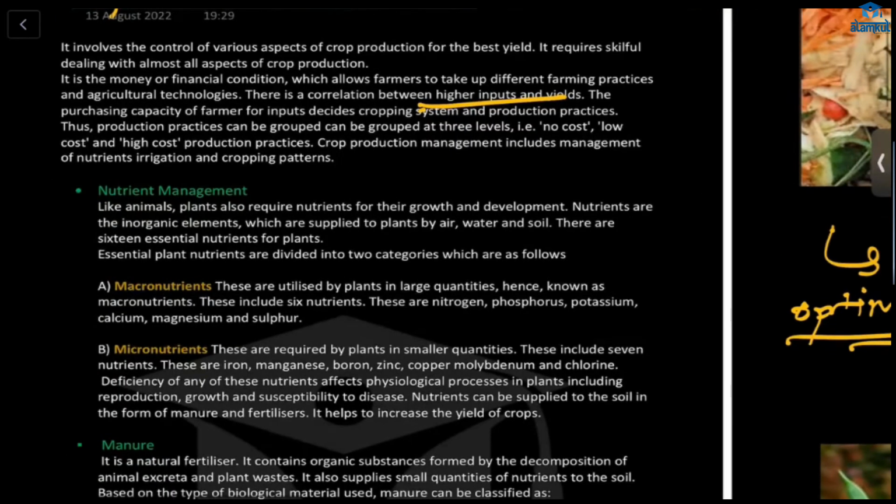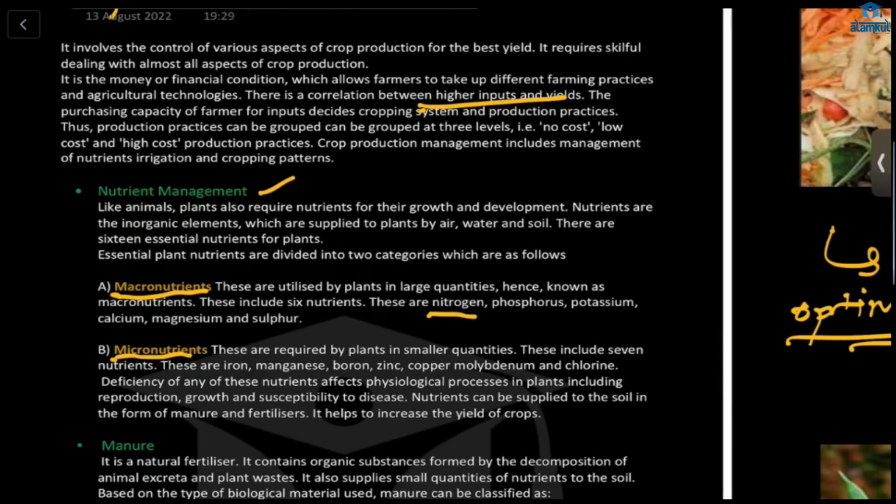For nutrition management, there are two types of nutrition categories: macronutrients and micronutrients. Macronutrients are present in large amounts and are utilized by plants in large quantity. They are nitrogen, phosphorus, potassium, calcium, magnesium, and sulfur.